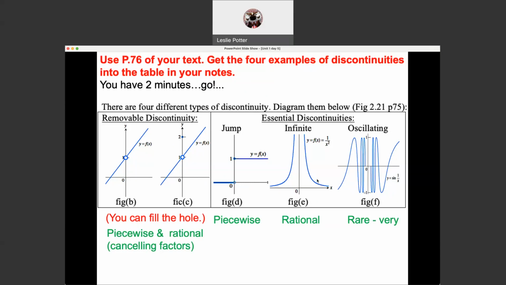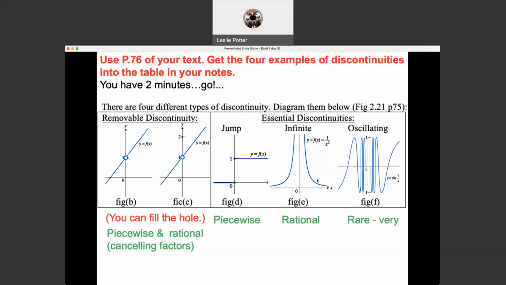Figure E is where we start to have asymptotes, vertical asymptotes. What has to happen in a rational expression, a fraction, to have a vertical asymptote? Something over 0, right? It's when the denominator equals 0. So for that rational expression, notice when we put 0 in for x, it's 1 over 0.